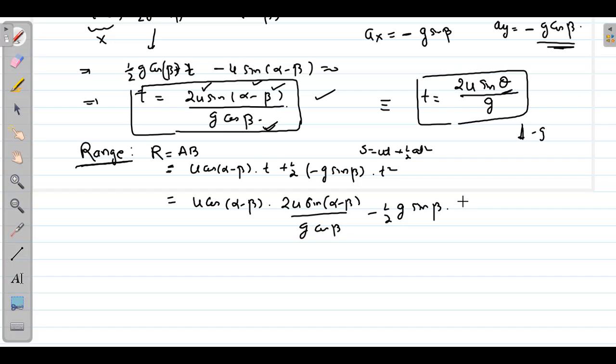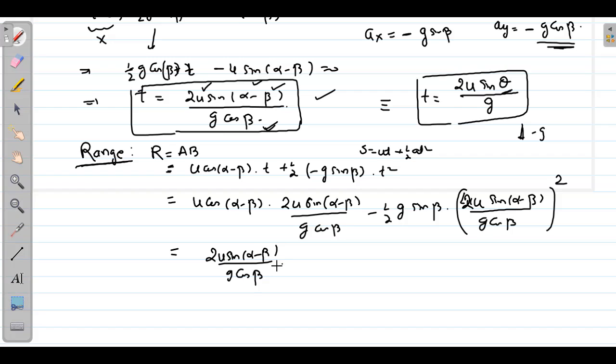T square is 2u sine alpha minus beta by g cos beta whole square. Check the common term: 2u sine alpha minus beta by g cos beta is common.